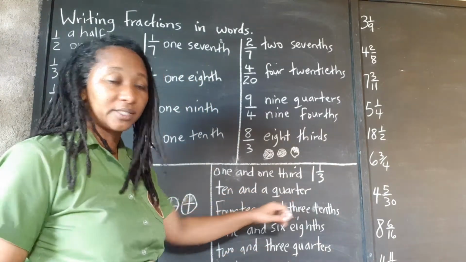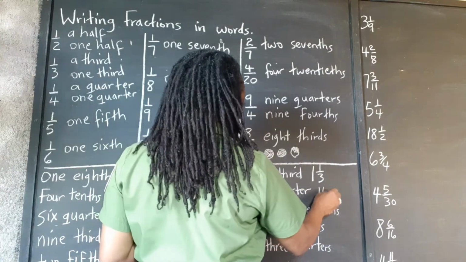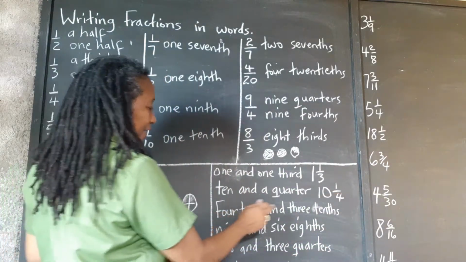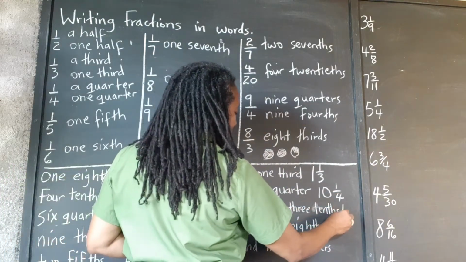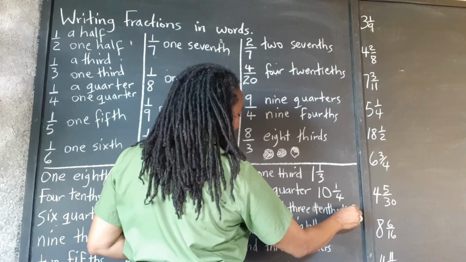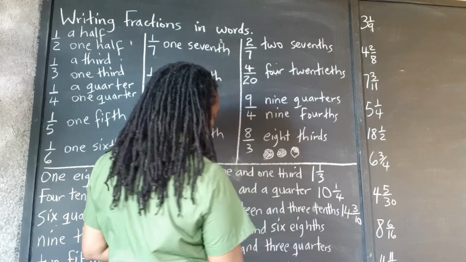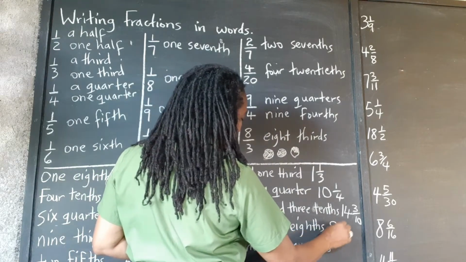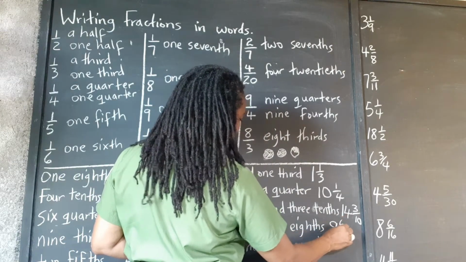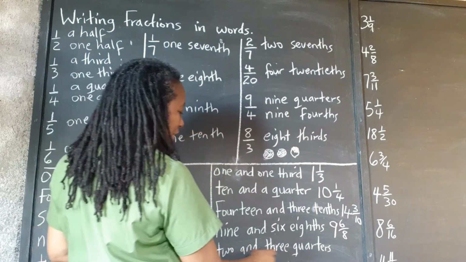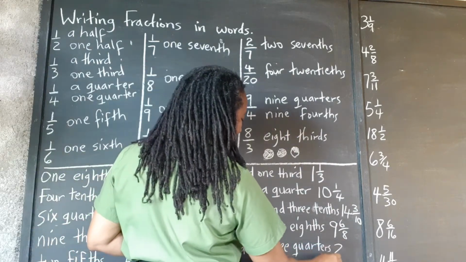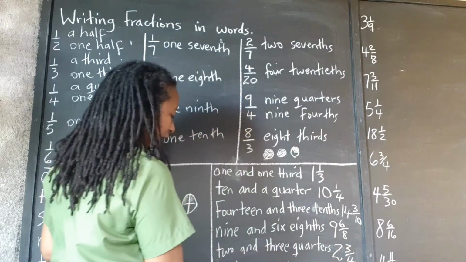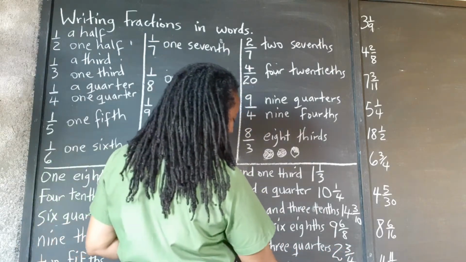Ten and a quarter. So 10 and 1/4. Fourteen and three tenths. 14 is a whole number, 3/10. Nine and six eighths. 9 and 6/8. Two and three quarters. 2 is a whole number and 3/4.